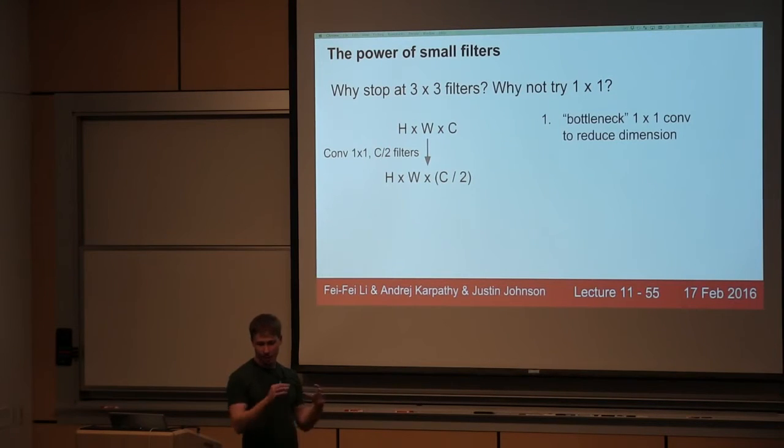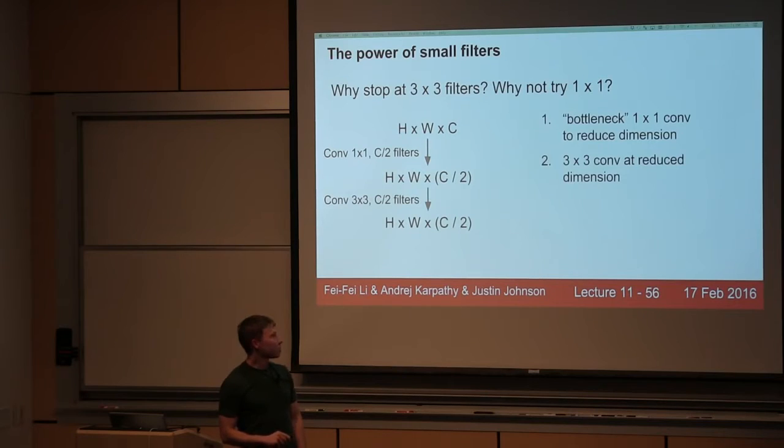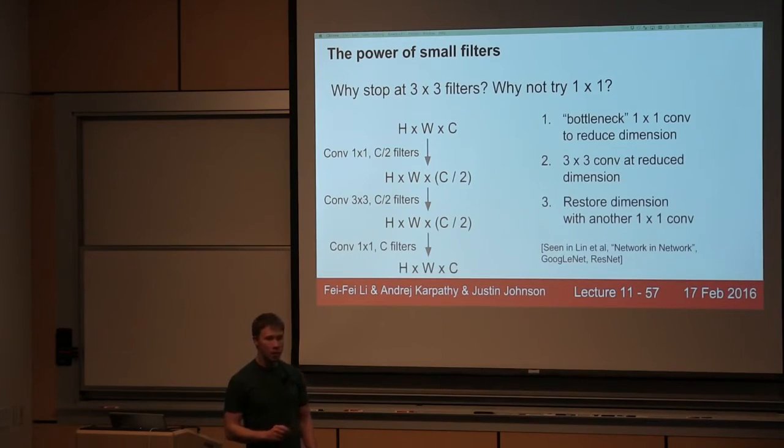Now this has the same spatial extent, but half the number of features in depth. After this bottleneck, we do a 3x3 convolution at this reduced dimensionality, which takes C/2 input features and produces C/2 output features. And now we restore the dimensionality with another 1x1 convolution to go from C/2 back to C.